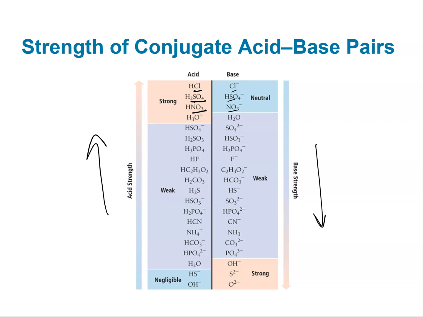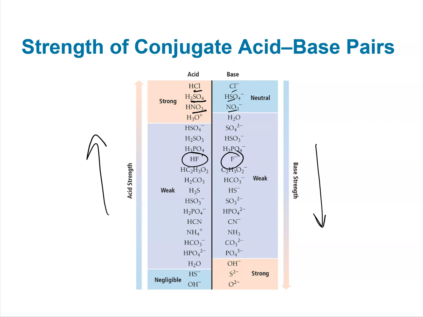Conversely, let's look at something in the middle here. Let's look at hydrofluoric acid. Hydrofluoric acid has a weak or intermediate base. It's still a pretty strong acid, with a fairly low pKa, but that means because it's still a fairly strong acid, its counter ion, its conjugate base, is still a poor base.